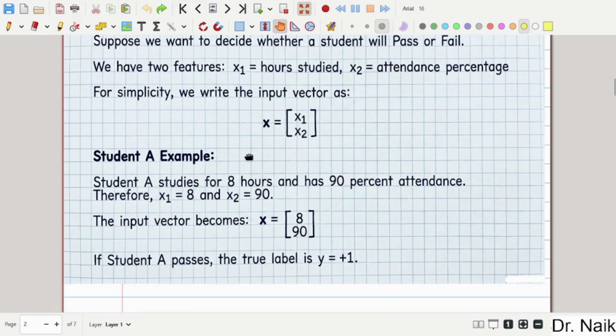Now let us consider the example of student A. Student A studies for 8 hours and has 90% attendance. Therefore, x1 is equal to 8 and x2 is equal to 90. So we write the input vector x as a column vector with first entry 8 and second entry 90. And if student A passes, then the true label is y equal to plus 1.